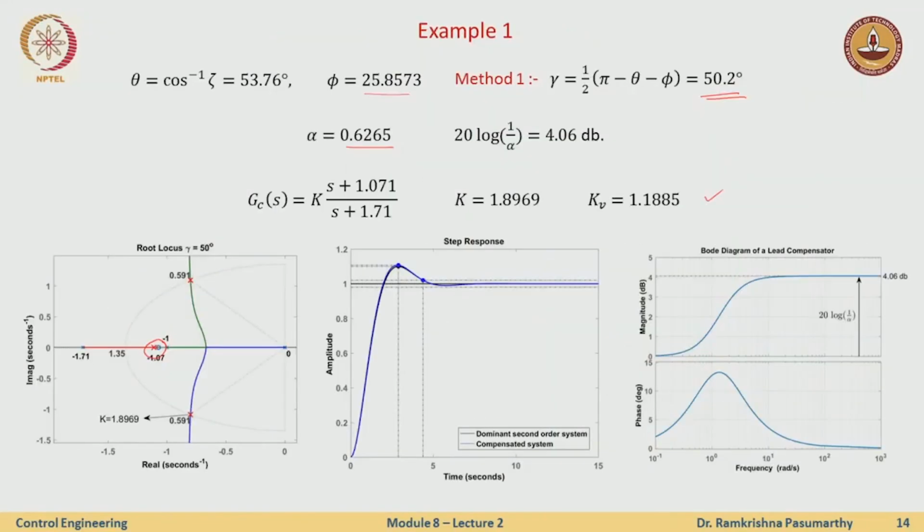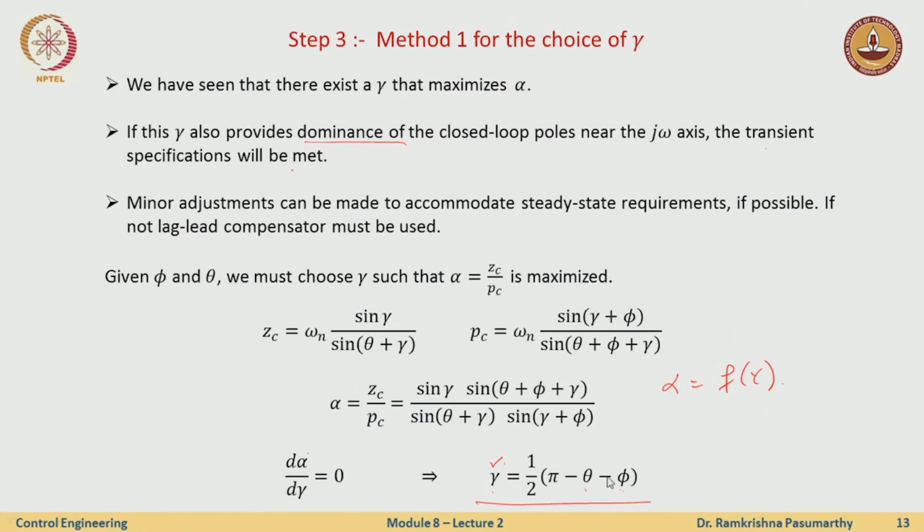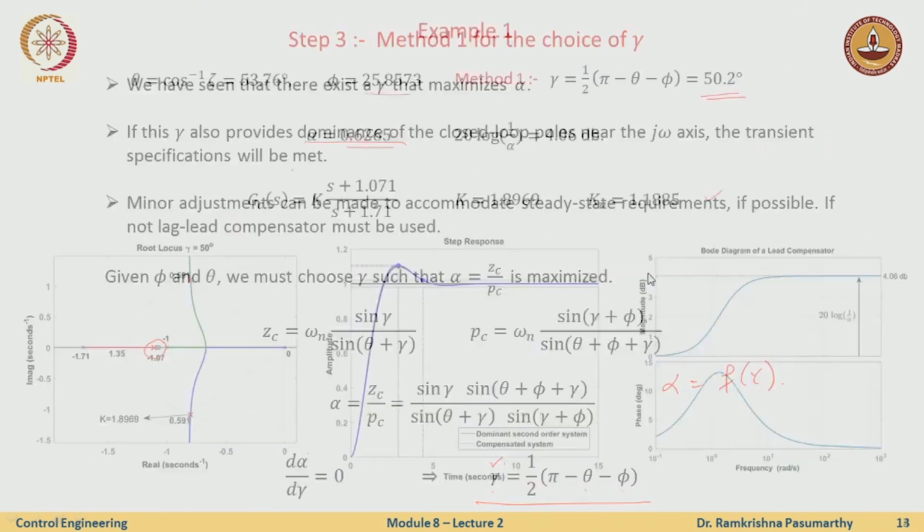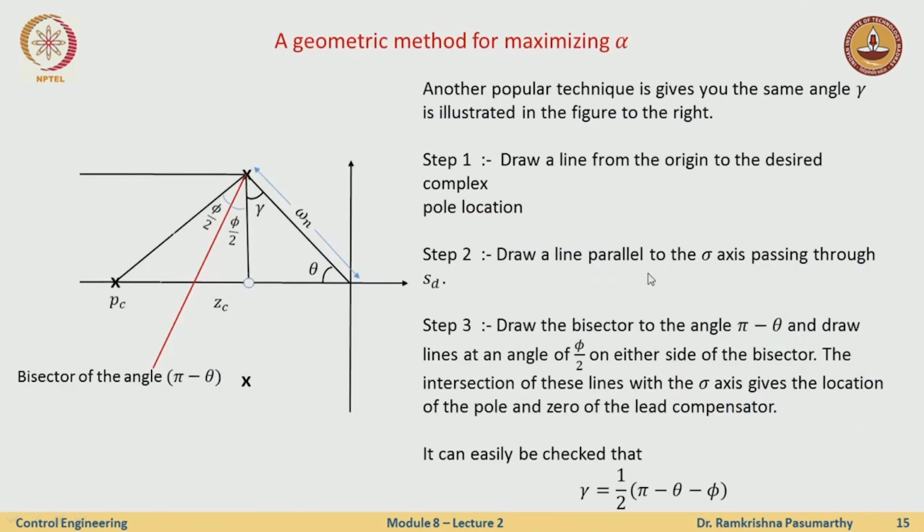Now, if I am really lazy to go through all this calculus, is there another method of doing this? Well, it's a nice graphical method. I know the location of SD, this is SD here. I know theta, I know omega n, I just draw a line to the left here, and then I bisect this entire angle.